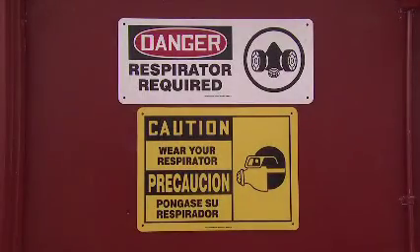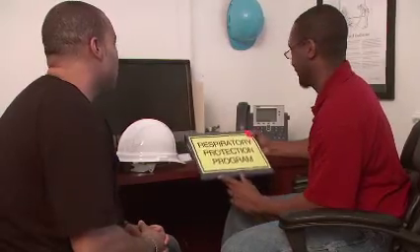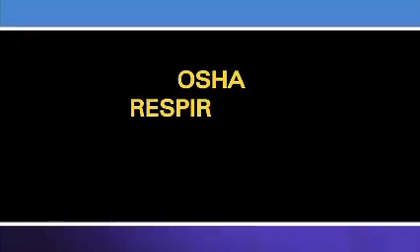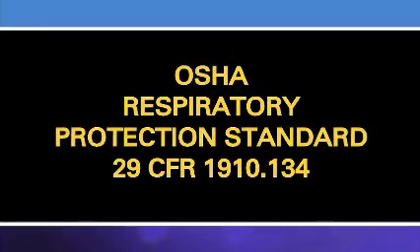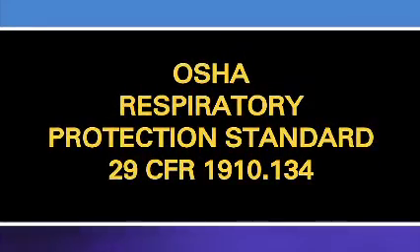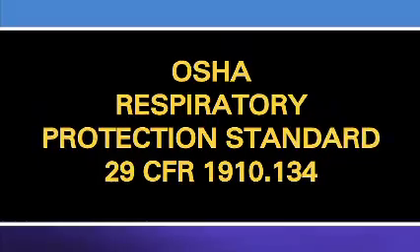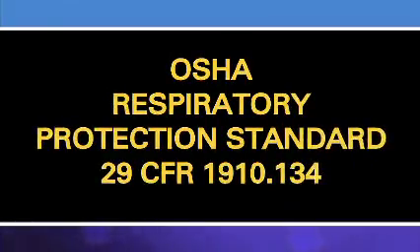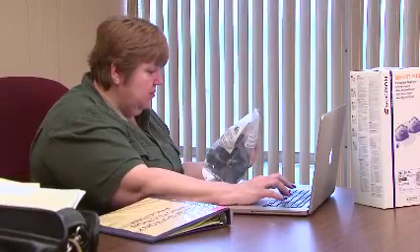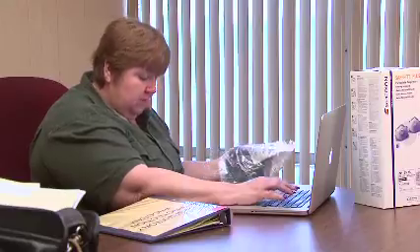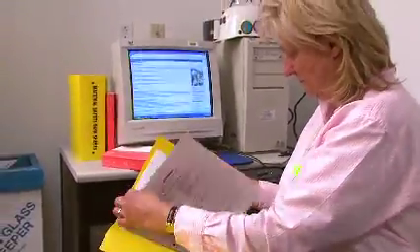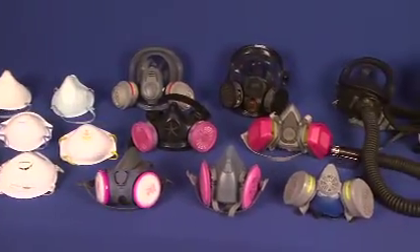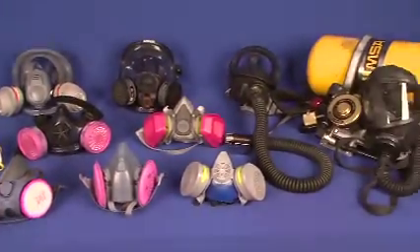When respirators must be used on your job site, your employer must have a respiratory protection program. This program must meet the requirements of either the federal OSHA or your state OSHA respiratory protection standard. The standard requires your employer to do the following: develop and implement a written respiratory protection program. Evaluate the respiratory hazards in the workplace. Select and provide appropriate respirators.